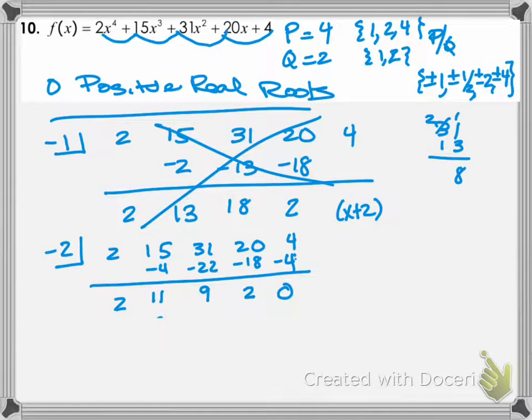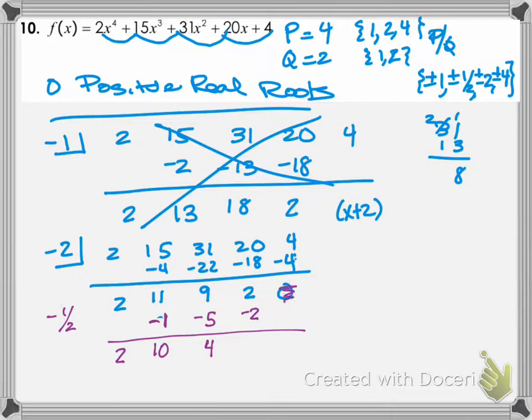Okay. So I'm going to do negative 1/2 now because that's the only other one. Draw the line. 2, and negative 1/2 times 2 would be negative 1. And that would be 10. And 10 times negative 1/2 would be negative 5, which would give me positive 4. 4 times negative 1/2 would be negative 2.